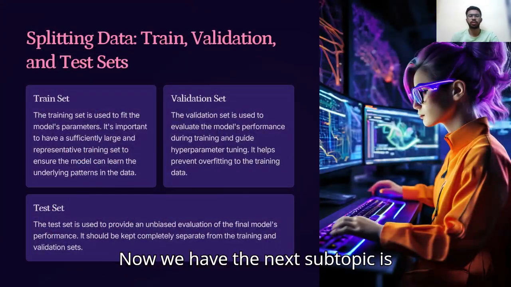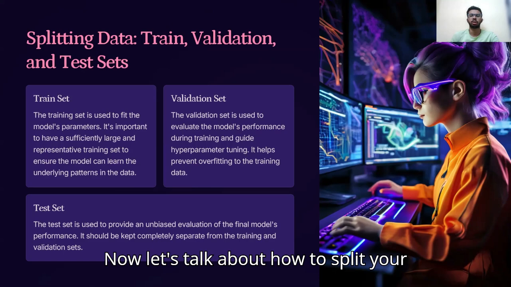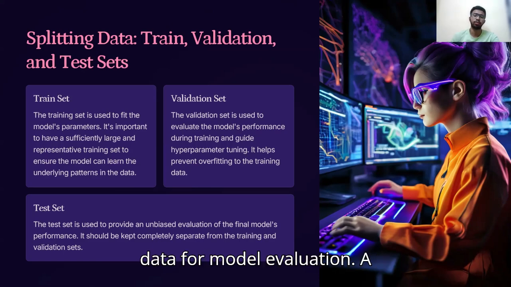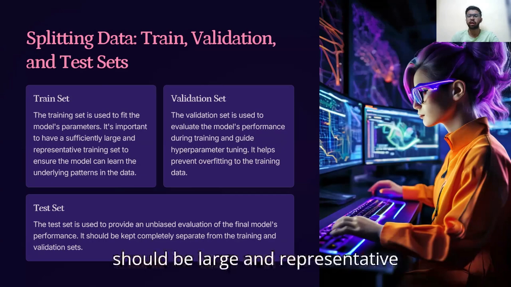Now the next subtopic is splitting data into train, validation, and test sets. Now let's talk about how to split your data for model evaluation. The train set is used to fit the model's parameters. It should be large and representative of your data.